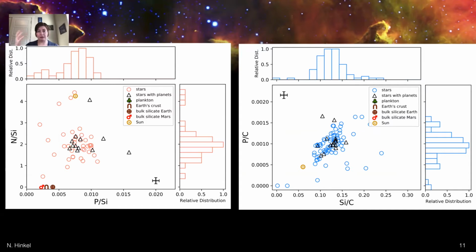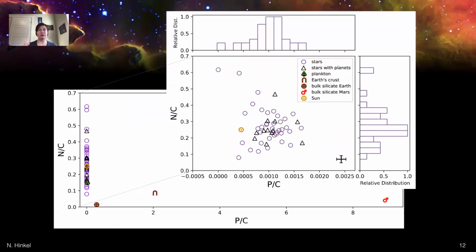So now let's look at the final ultimate plot that we're really here for, and this is that C to N to P plot. Now, we've broken it up into two different scales in order to get a better sense of what we're looking at here. So the plot that's in the background has nitrogen to carbon on the y-axis, but on the x-axis, you're looking at phosphorus to carbon for the entire scale of everything that we're considering here.